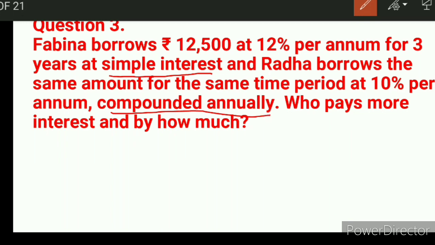The question is, who pays more interest and by how much? Now what we should do? We should find Fabina's interest, for that we should use the simple interest formula. And for Radha's interest, we should use the compounded annually formula. Then compare the two interests. You can find who pays more and by how much.